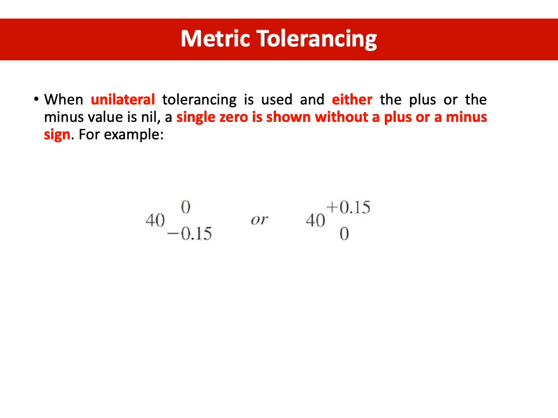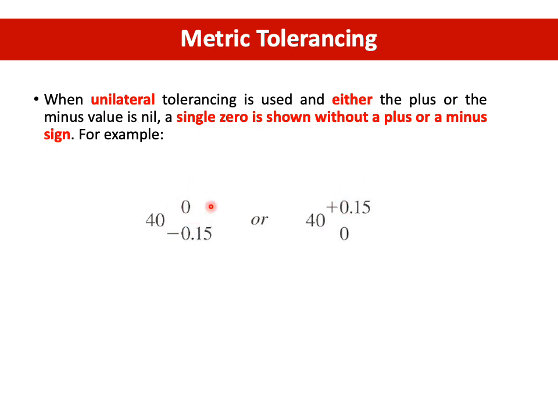Here is another example. This one only applies to the unilateral. As I said before, for the metric, you only need to mention one way. If it is going to be reduced, you need to put negative. If it is going to increase, then you need to put positive.